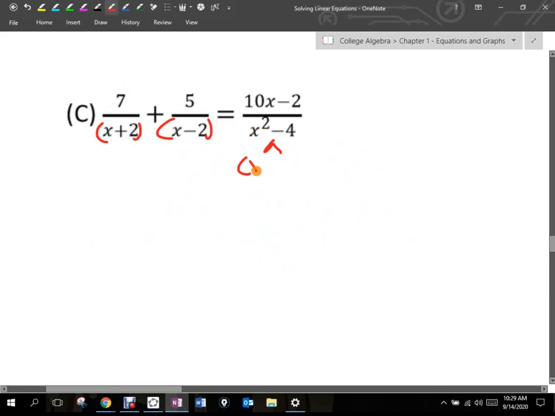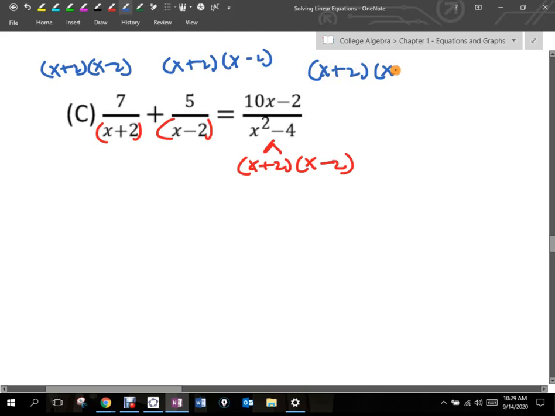This thing here factors to those two numbers, x plus 2, x minus 2. So as I go through here, you see that my LCD should be x plus 2, x minus 2, and I will apply that to each one of these.